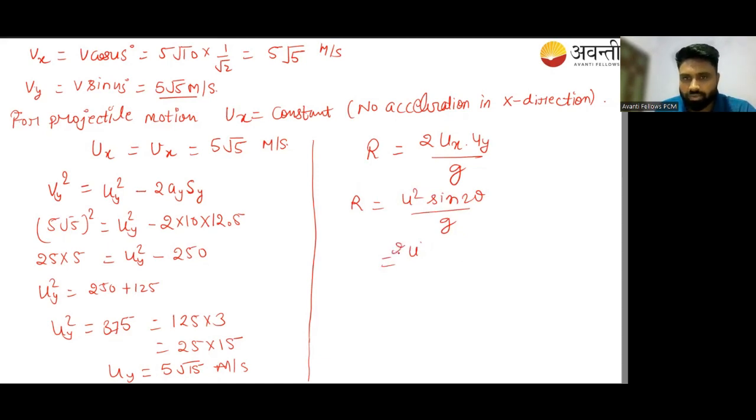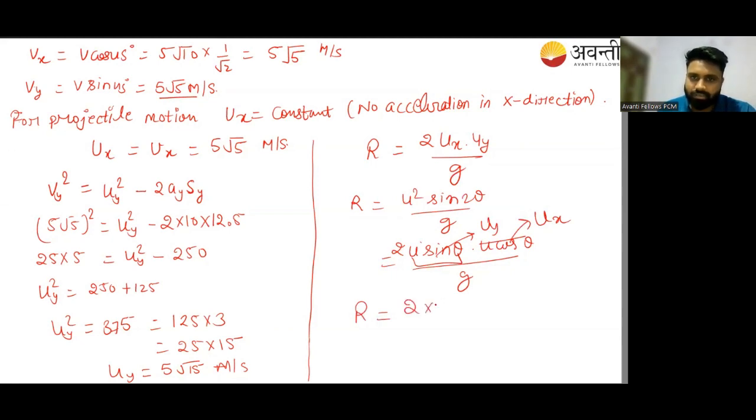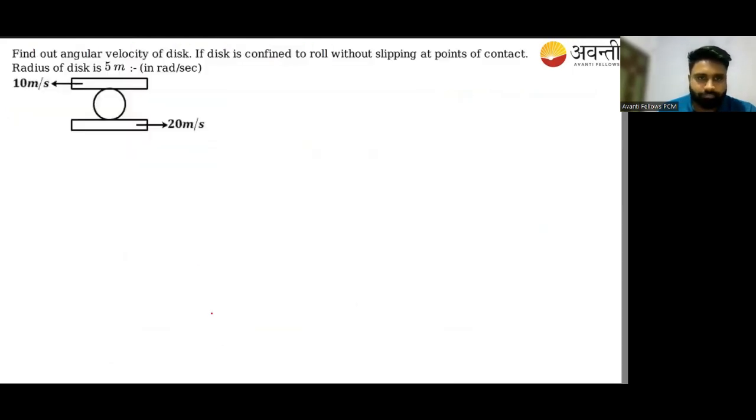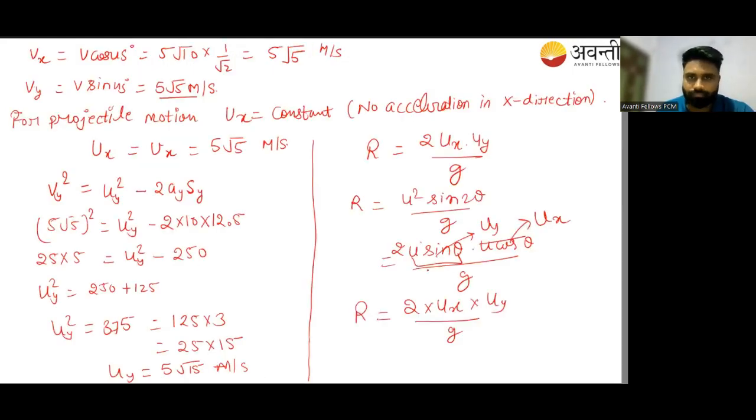So 2 is here, one u with sine theta, and the other u with cos theta. So u sine theta is nothing but uy, and u cos theta is nothing but ux. So from here you will say that R is nothing but 2 times ux into uy divided by g. So you know the formula, how it comes.